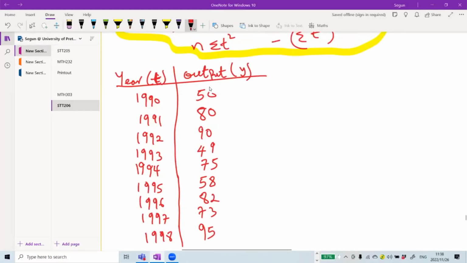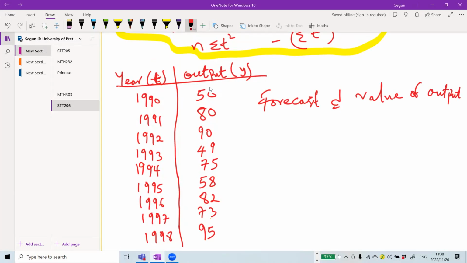Now, the question is, they ask us to predict the output. That is, can you forecast what will happen? Forecast the value of outputs, that is your y, for year 2005.